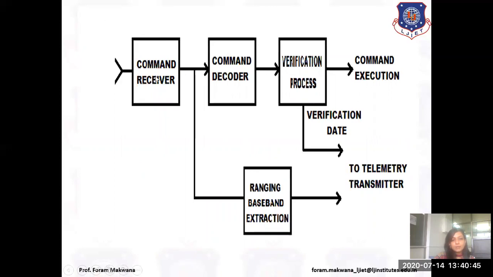It receives the command, then it decodes it, and that decoded information is verified, and after verification it is executed. And a ranging baseband extraction output is given to the telemetry transmitter. So this is the block diagram of the command subsystem.